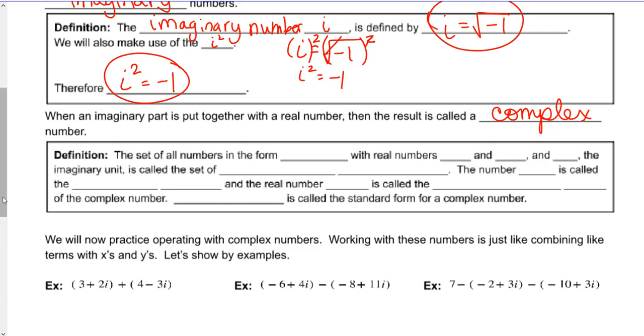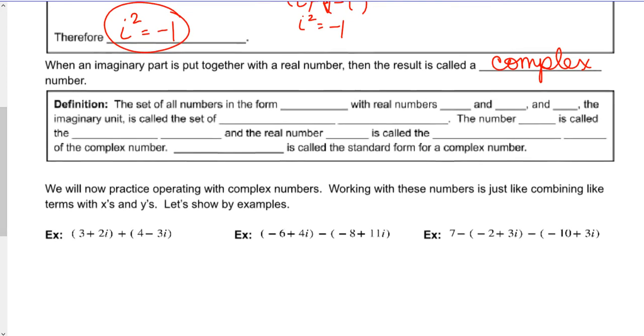So let's define what our complex numbers are: the set of all numbers of the form a plus bi with real numbers a and b. So this number in front of i is real, that number is real as well, and i, the imaginary unit. This is called the set of complex numbers.